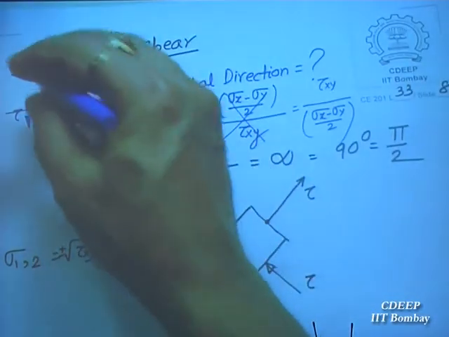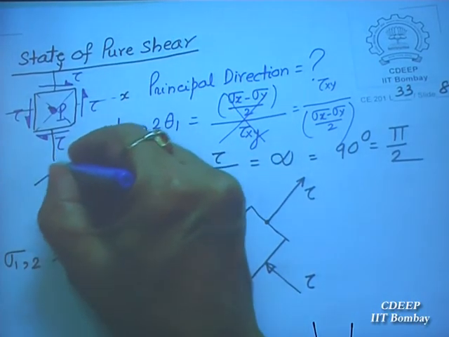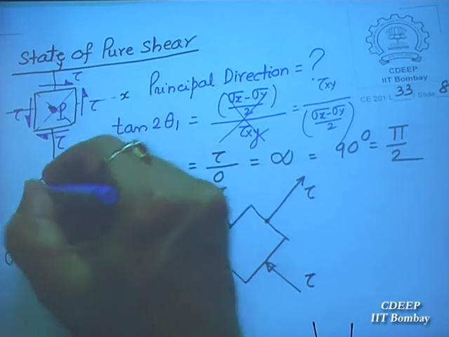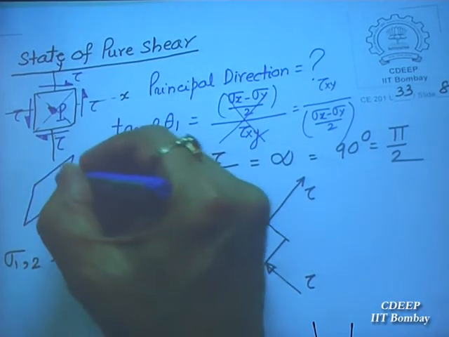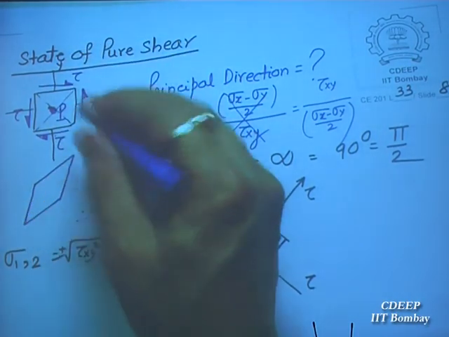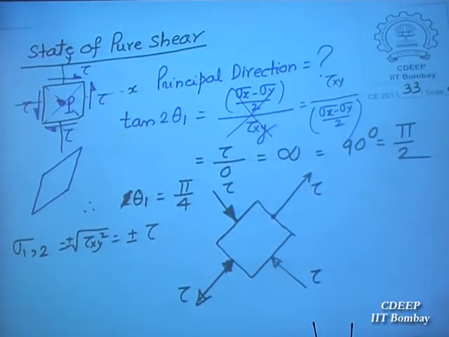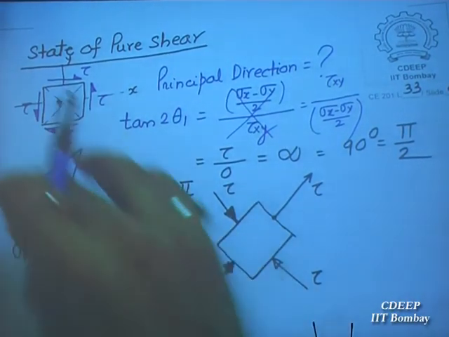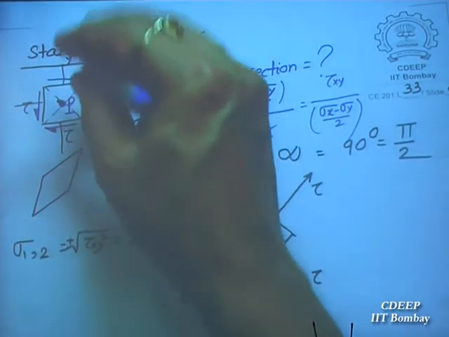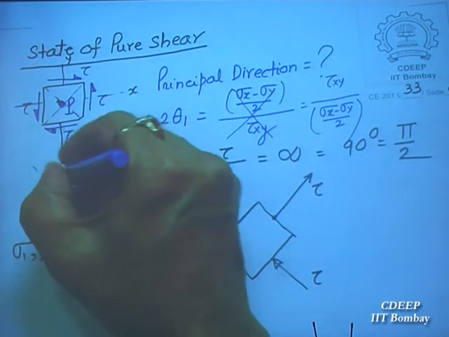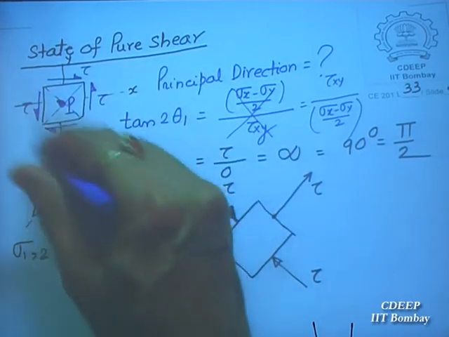So finally this element gets transformed into, what you call this, physics, this is square, and what do you call this? Nahi bhai, crystal. Which crystal, what is the name of this crystal? Like this. Diamond. It is a diamond, all right, but then this diagonal has increased and this diagonal has reduced.